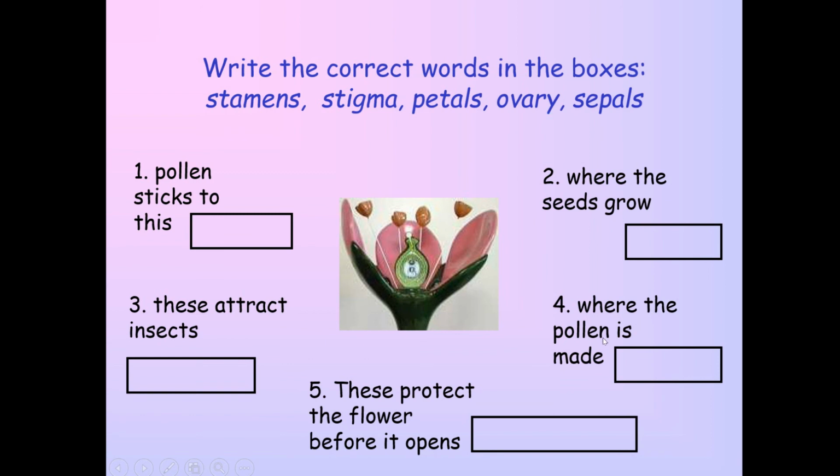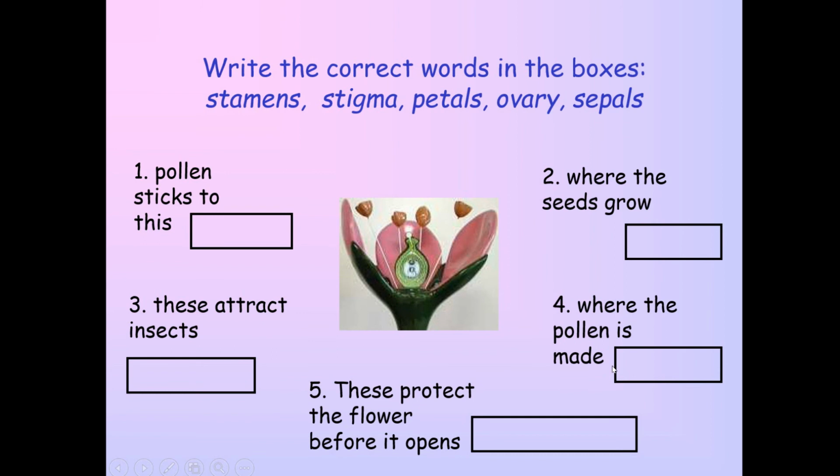Okay, the pollen grain is made in what part of the flower? Is it stamen, stigma, petals, ovary, sepals? The pollen grain is made where?